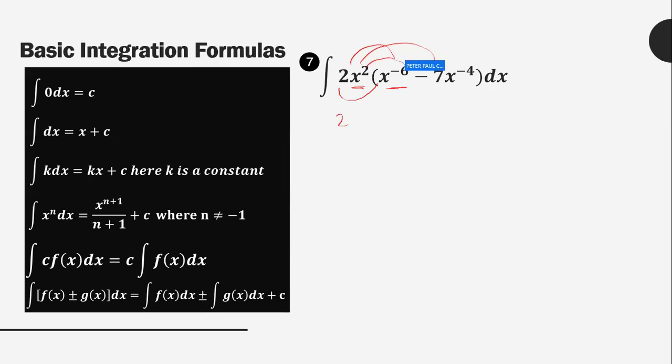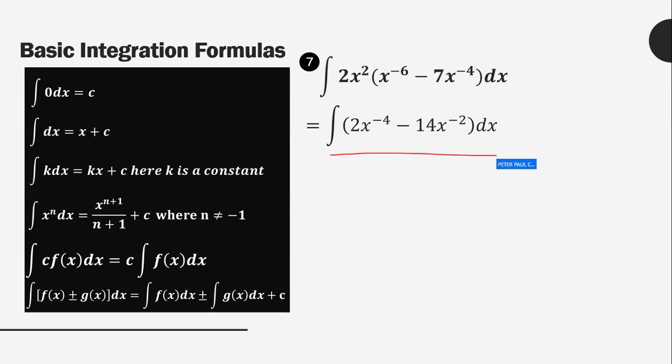We add the exponent. So that becomes x raised to negative 4. Then 2 times 7 is negative 14. Then 2 plus negative 4 is x raised to negative 2. So that is how we simplify it, like that. Okay, so that becomes this one.